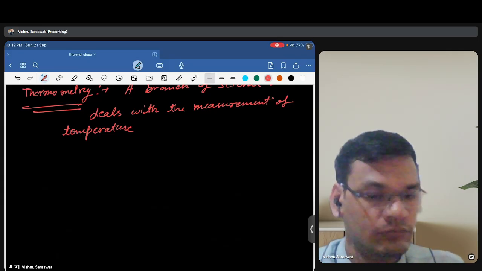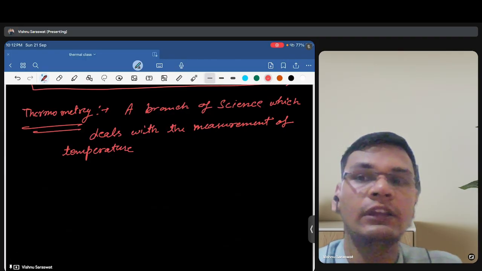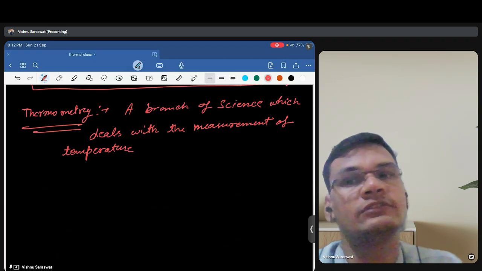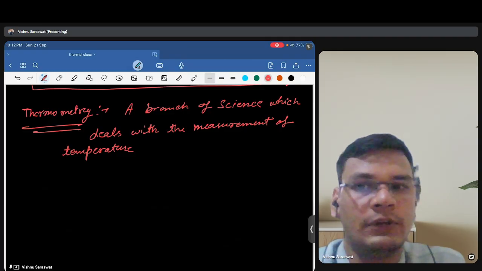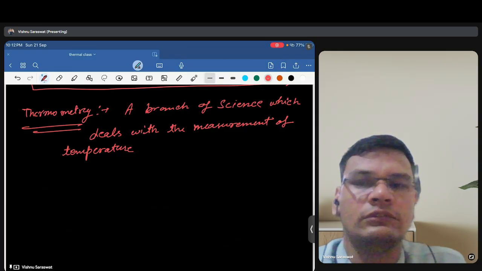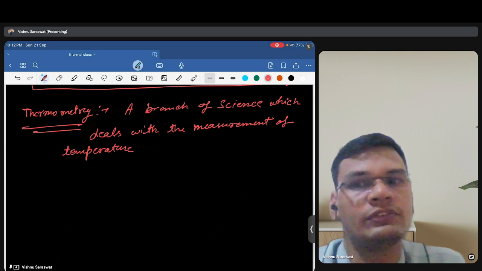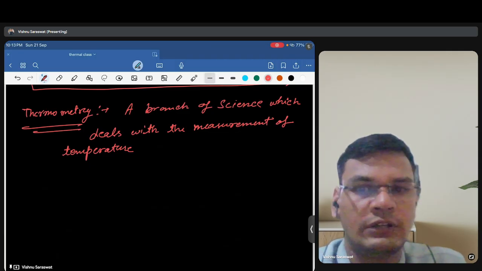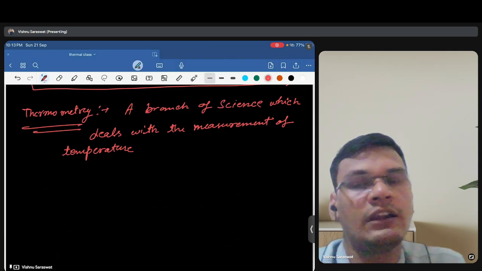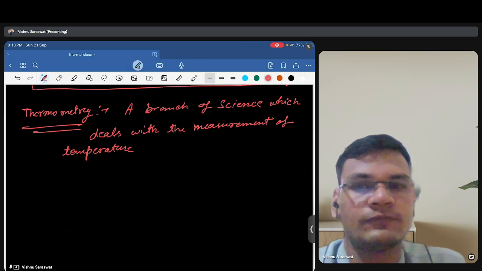So now come to again the thermometry. So a branch of science which deals with the measurement of temperature of a substance is known as thermometry. And when we talk about the linear variation in some physical properties of a substance, and the temperature is the basic principle of thermometry, and these properties are defined as the thermometric properties of the substance.